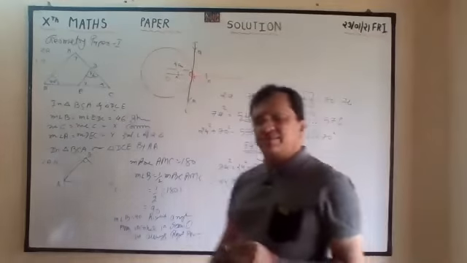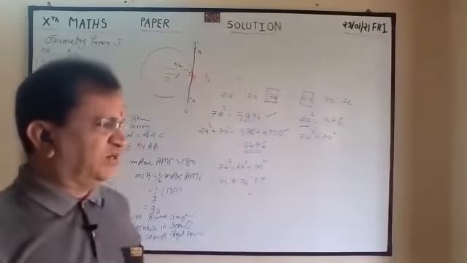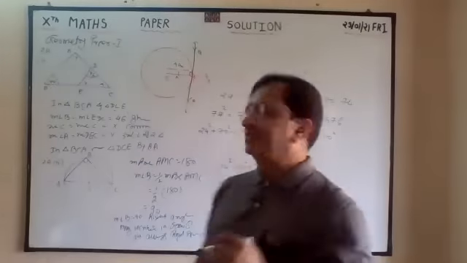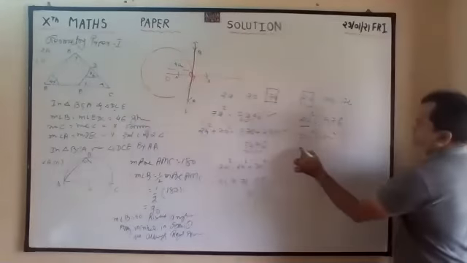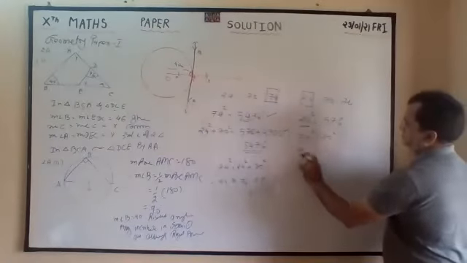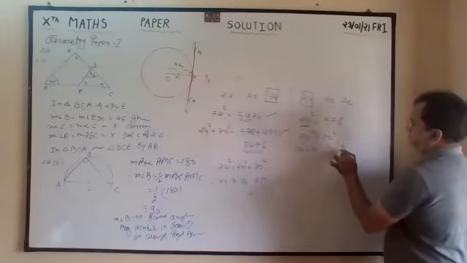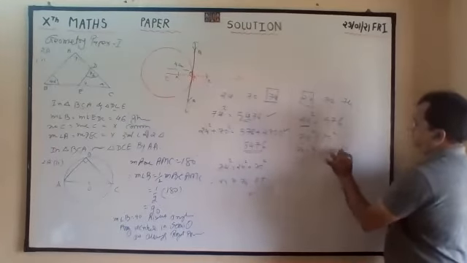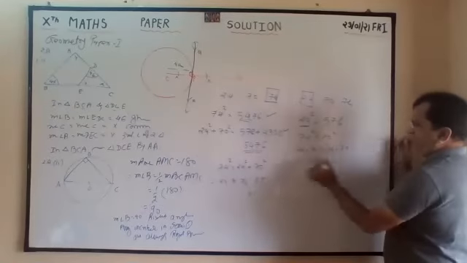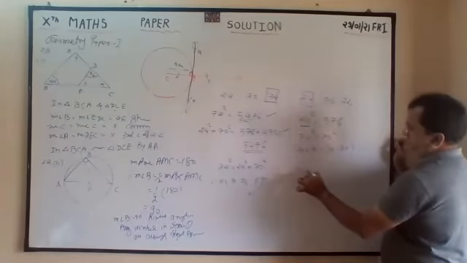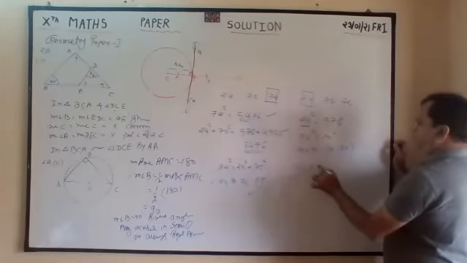And you know a square minus b square is equal to (a plus b)(a minus b), one time plus, one time minus.